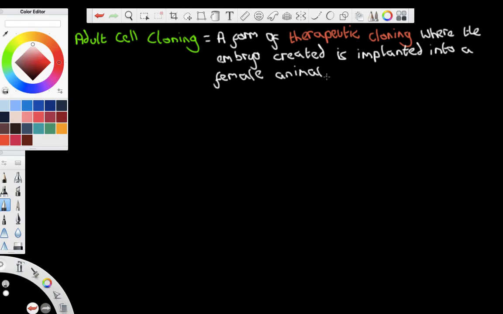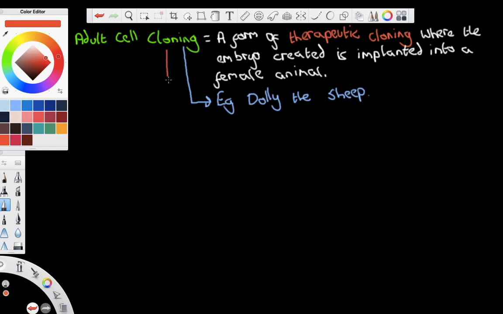Okay, and I'm just going to leave it there. An example of adult cell cloning would be Dolly the Sheep. Okay, you may be a bit too young now to know who Dolly the Sheep is, but we're going to talk about her today. So we can put e.g. Dolly the Sheep. Now the reason I've put therapeutic cloning in a different color is because we covered therapeutic cloning when we looked at stem cells. If you are not sure about what therapeutic cloning is, you need to revisit that topic in your own time.